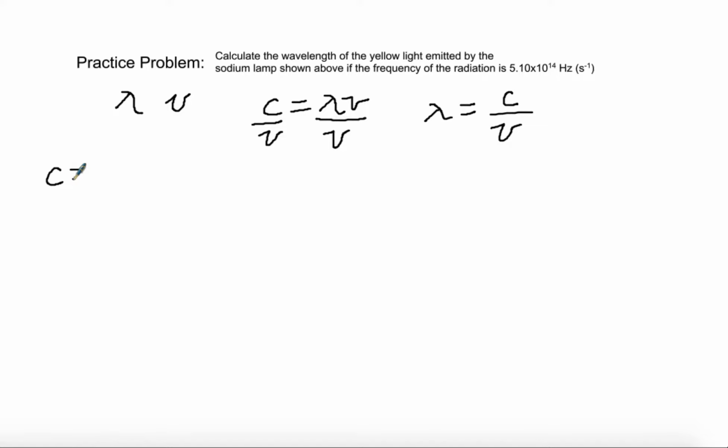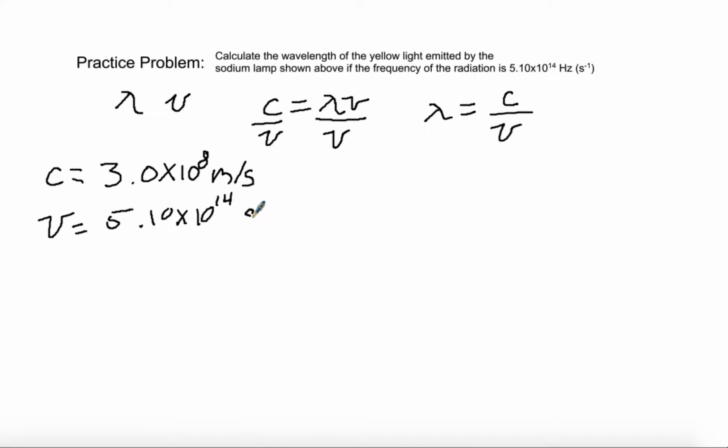The speed of light we know as 3.0 times 10 to the 8th meters per second. Your frequency is equal to 5.10 times 10 to the 14 hertz, or inverse seconds. That's what we're going to use here. Hertz you're probably more familiar with when it comes to TVs. Certain TVs have a certain frequency to them, that's the refresh rate of it.